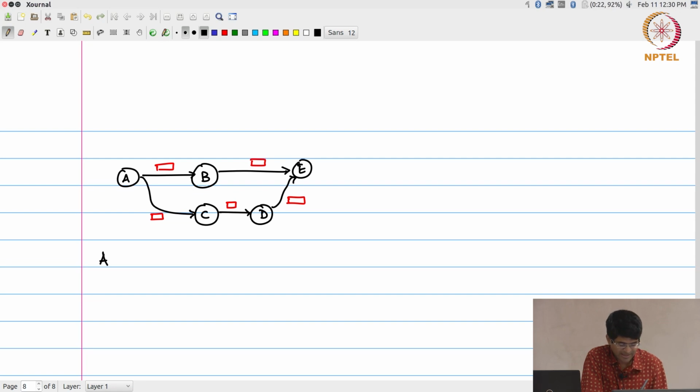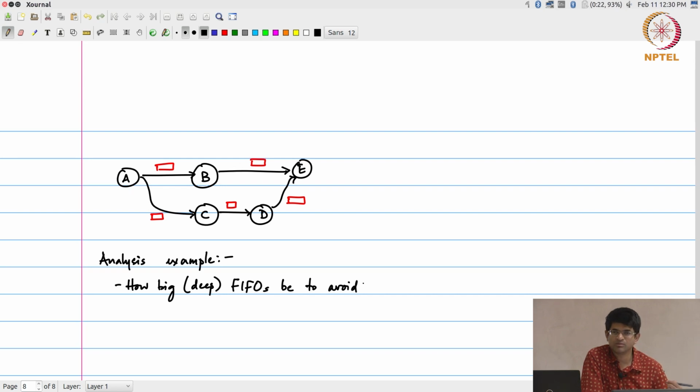An example of what kind of analysis you could do would be, how big or deep should the FIFOs be to avoid any kind of, what's the problem that happens when a FIFO fills up and you still try writing to it? It's called overflow.